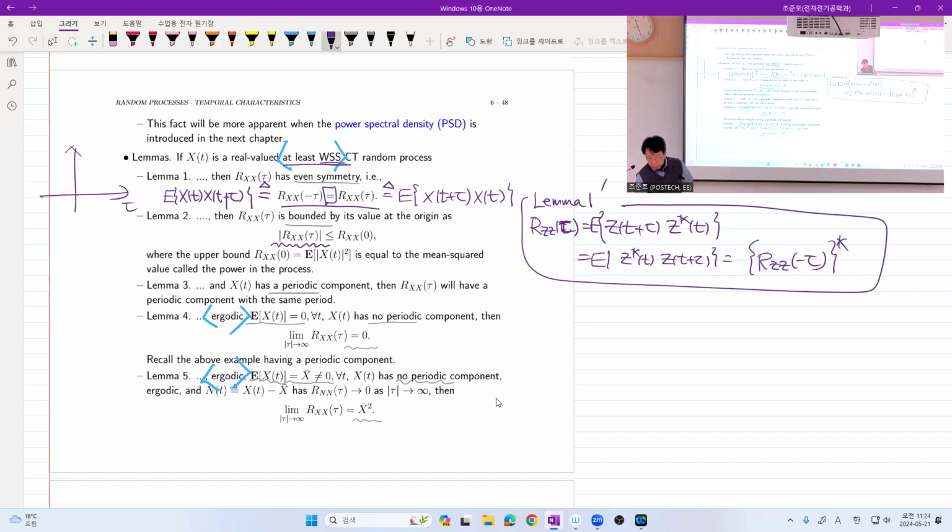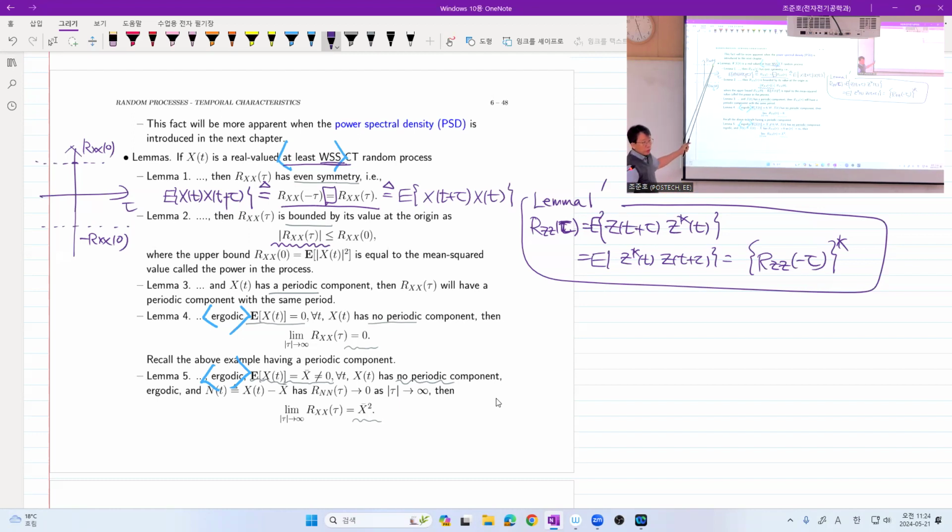So here goes Rxx(0), and here goes negative Rxx(0). By the way, how can I be sure about the positivity of the autocorrelation function evaluated at 0?